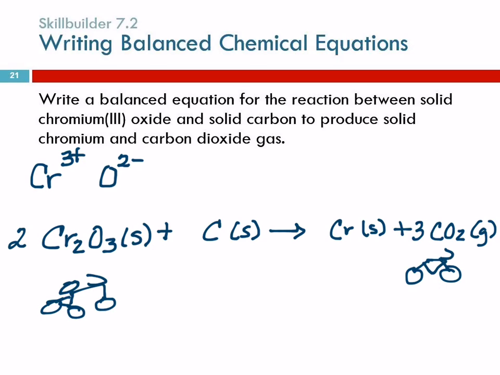It's pretty sad, huh? Stick figure bicycles. I want the same number of wheels on each side. This is kind of like what we did with forming ionic compounds. So if I put another bicycle here, now I've got 4 wheels on this side and 3 wheels on this side.